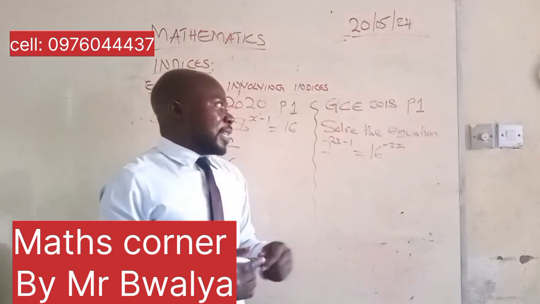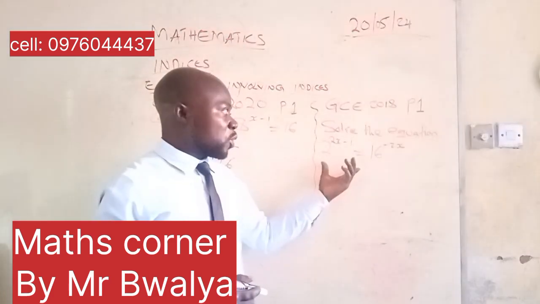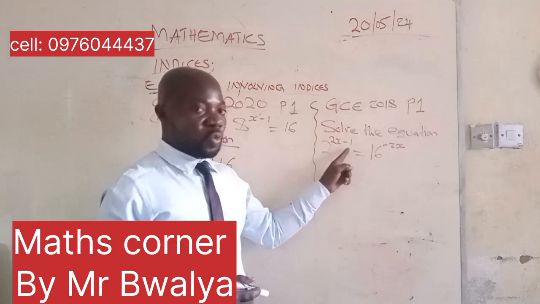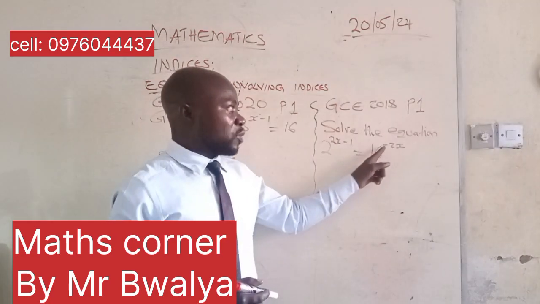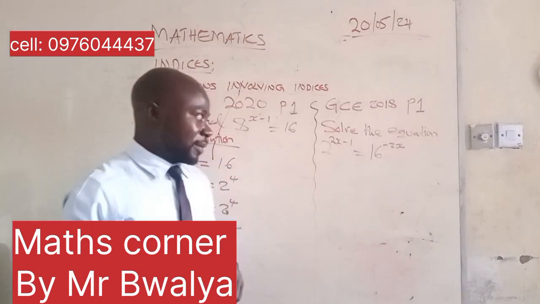2018 paper 1, which is under GCE, the question was: solve the equation. We've been given 2 to the power x minus 1 is equal to 16 to the power negative 2x. Very simple question.